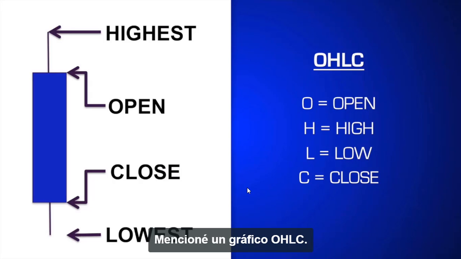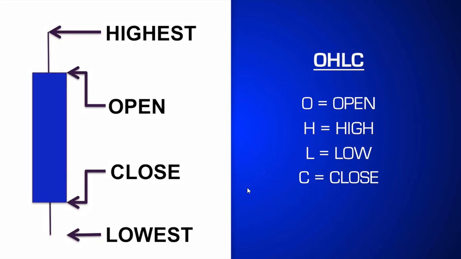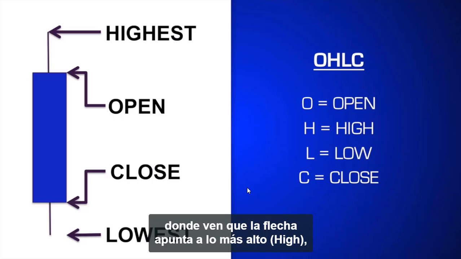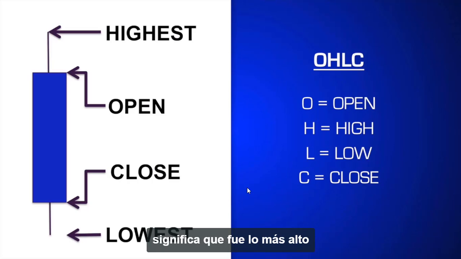So I mentioned an OHLC chart. What that actually stands for is open, high, low, close. If you look over at this picture, you have the top of the wick, the very tippy top where you see the arrows pointing to highest. That means that this was the highest that this candle has reached. And then the L for low stands for lowest, which means this is the furthest down that this candle has reached.